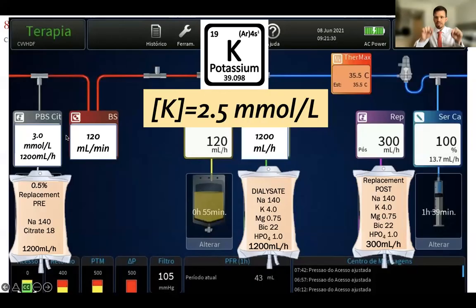So in this specific case, this gives us that the patient will be exposed to a potassium concentration of 2.5 millimoles per liter, and this patient will certainly develop hypokalemia, which is harmful, right?